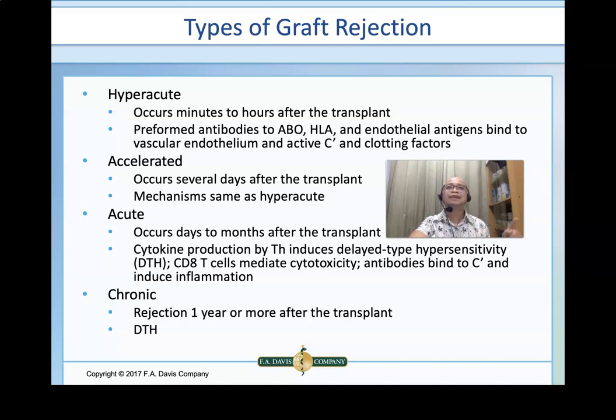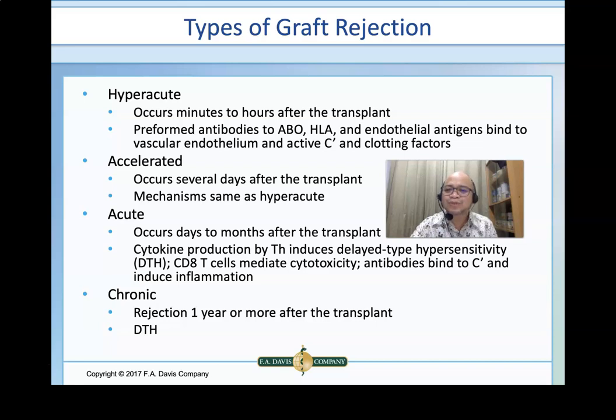By the way, if you're going to get an organ donor, it is very important that the recipient and the organ donor have the same blood type. HLA endothelial antigens bind to vascular endothelium and activate complement and clotting factors. So within minutes up to several hours. Now, when you say accelerated, it occurs several days after the transplant. The mechanism is the same as the hyperacute.